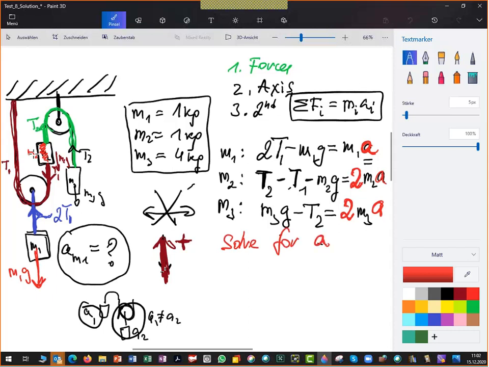How exactly you solve for A is actually entirely your business. So you can maybe have some tricks that allow you to solve such systems of equations. Maybe you have some nice algorithms or your own strategies. It is really up to you. So I would here use, again, addition and subtraction of the equations in order to eliminate the T values. So what I will basically do, I will take the equation number 1.